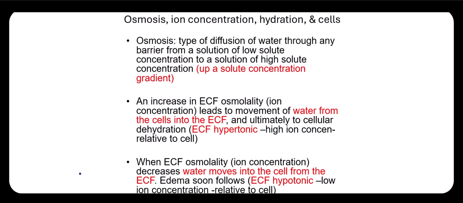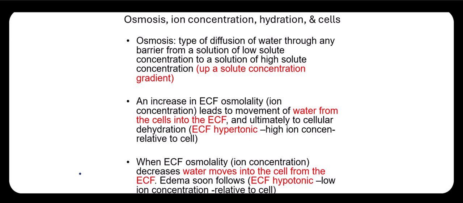Okay, the next place we're going to go is we're going to talk about osmosis. It's a type of diffusion where we can move water through a semi-permeable membrane to even out a concentration. So the water will move to the area of higher concentration up the solute gradient to even it out.